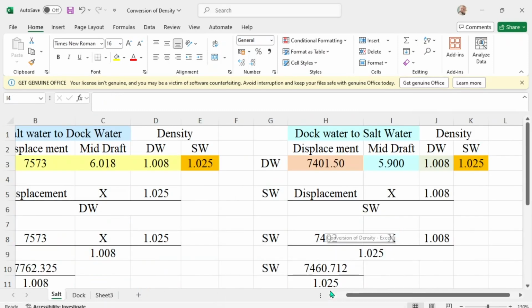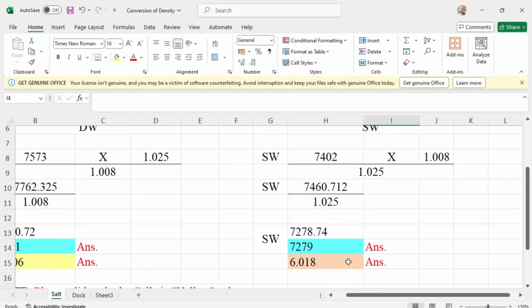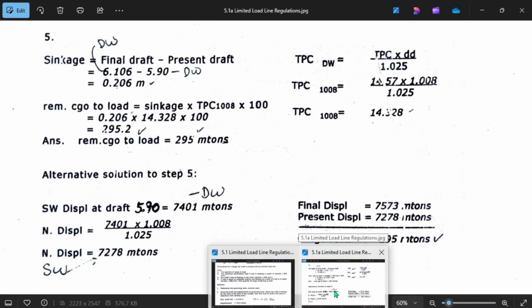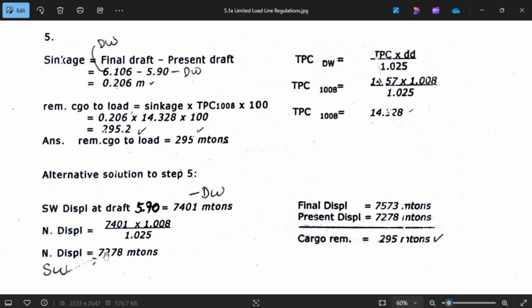That will be in dock water, and we have a density of 1.018 and salt water 1.025. How much would this displacement be if we convert it to salt water? Salt water would be 7278 or 7279. Okay, there's 7278.